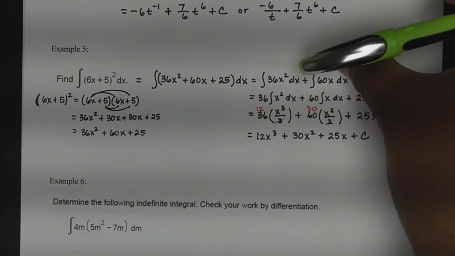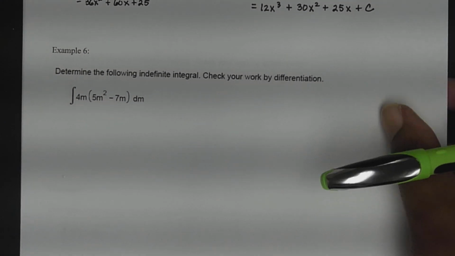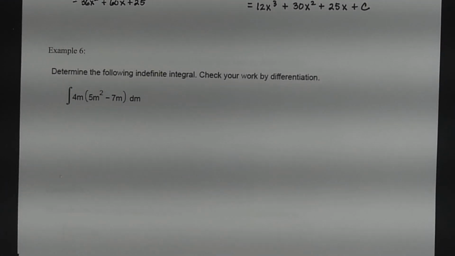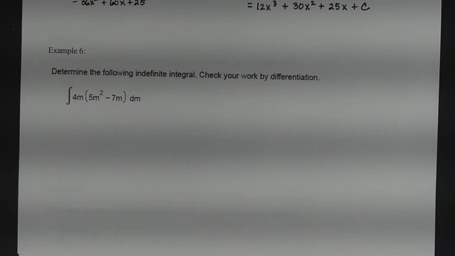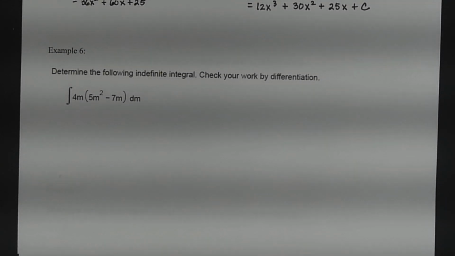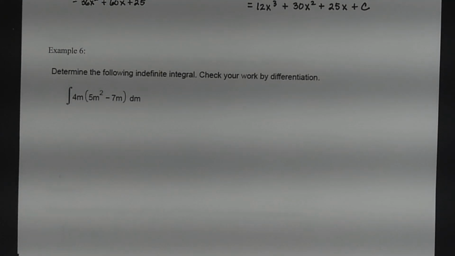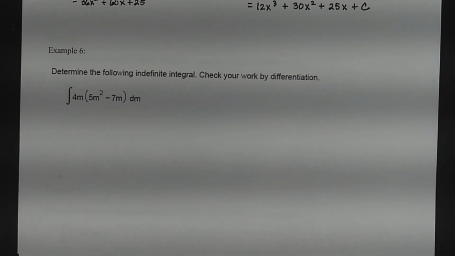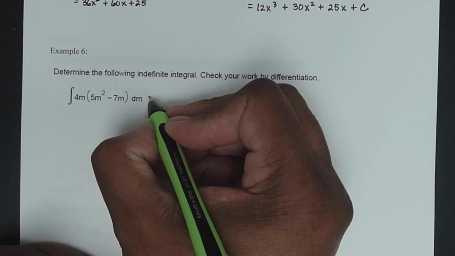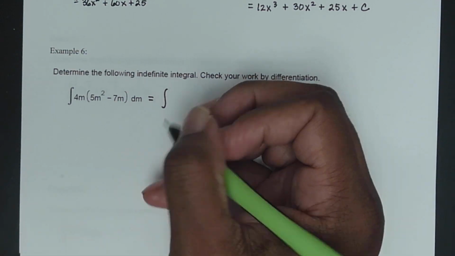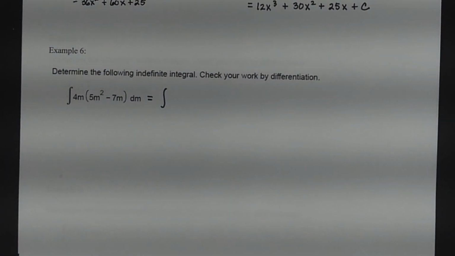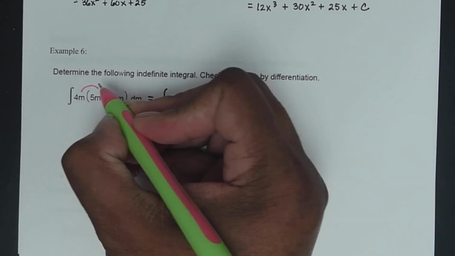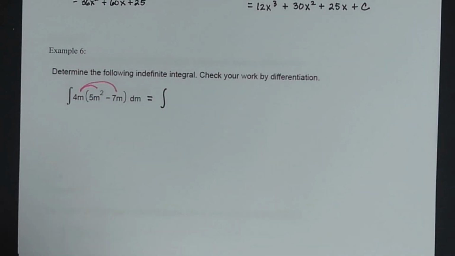All right, example 6 looks like this. Let's say I want to determine the following indefinite integral, and let's say I want to check by differentiation. Here I've got the integral of 4m times 5m squared minus 7m dm. So the first thing I'm going to do here is use what they call the distributive property. In other words, I'm going to distribute the 4m over the 5m squared minus 7m.